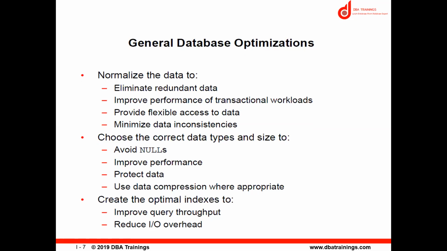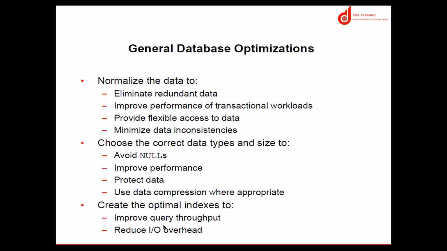Creating the optimal index improves your query throughput. What does that mean? Whenever you query a specific table and the index is there, what happens? If you remember, I guided you through the B-tree and bitmap index. MySQL otherwise reads every row in the table, but with an index, at least 80 to 85% of rows will be eliminated.